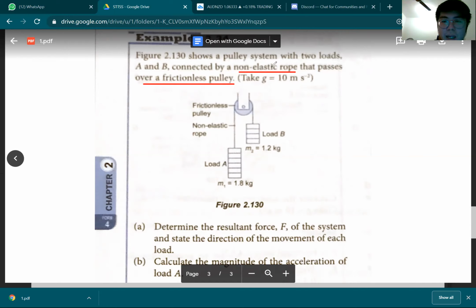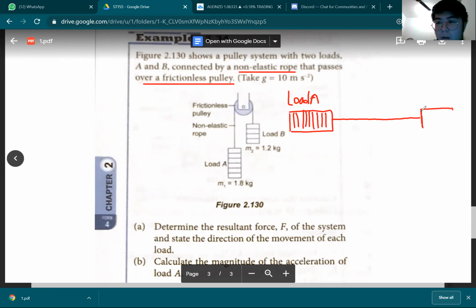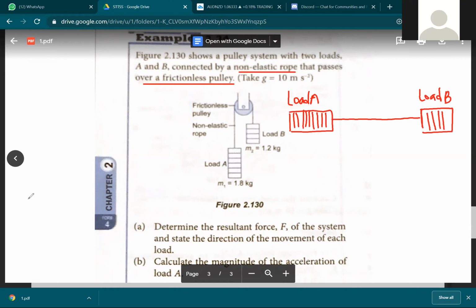First I have load A here, then the string, then load B. Load A and load B are connected by a string.